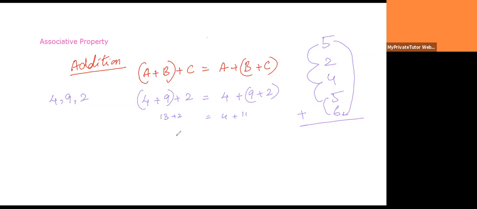So in the coming years, you might need to find the average of 5 quantities like this. Are you going to add this one and this one first and then this one and this one second? Yes, it works. I do agree it works.